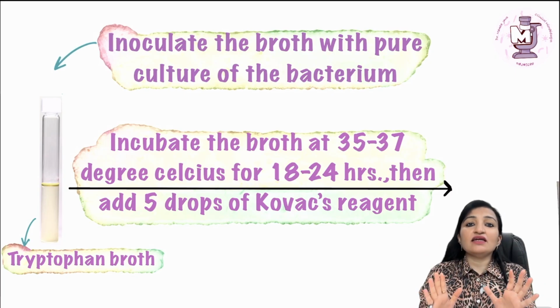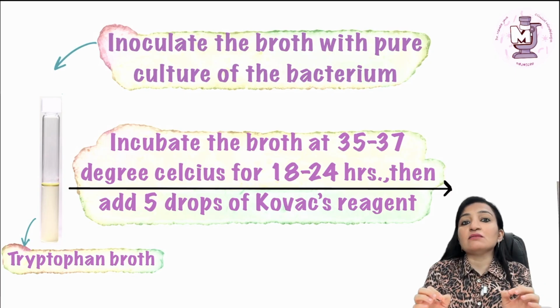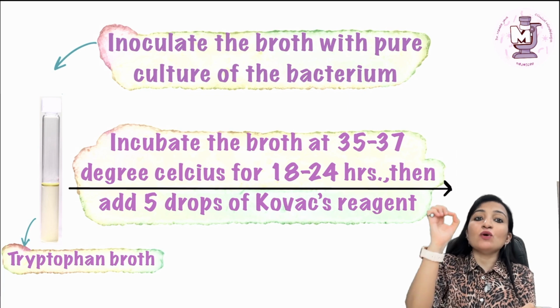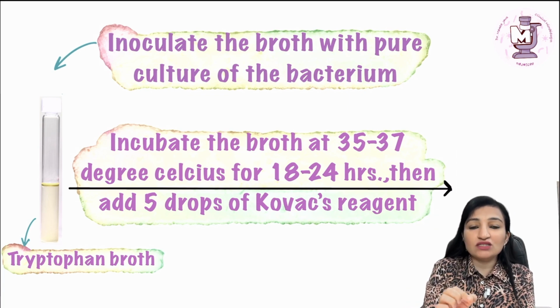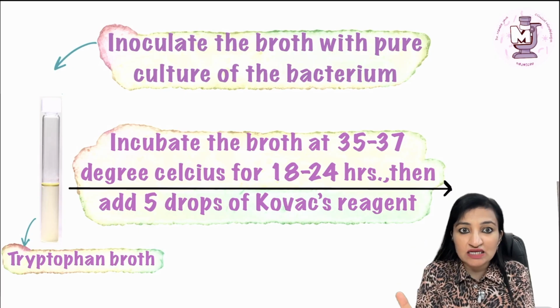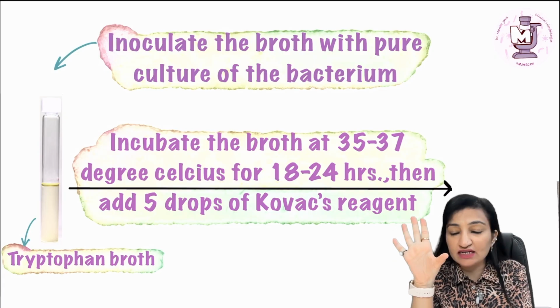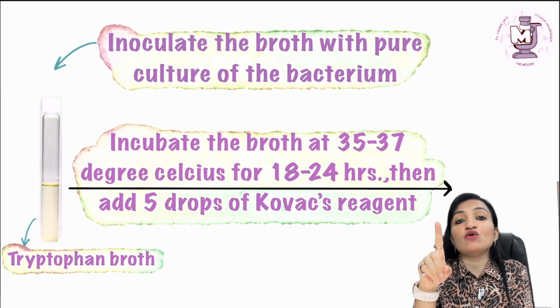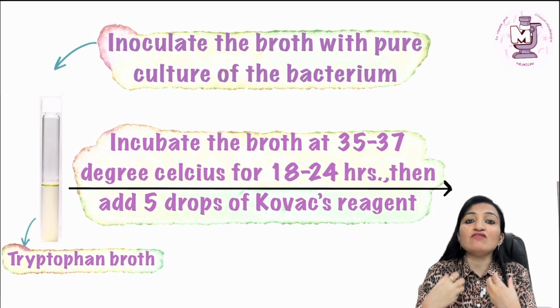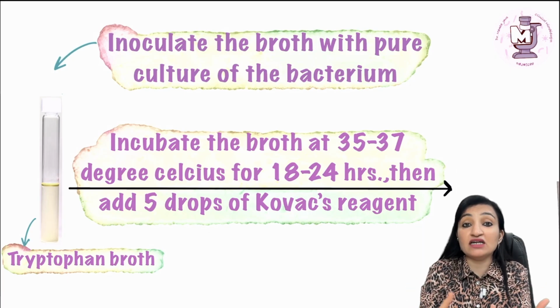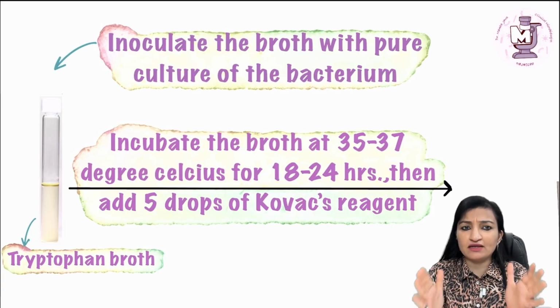But this work needs time, and that time is nothing but the incubation period. So once you inoculate the tryptophan broth with the bacterial colonies, you will have to incubate the broth at a temperature of 35 to 37 degrees Celsius for a duration of 18 to 24 hours, because we have to give certain time to the bacteria to carry out the destructive activity of breaking down tryptophan.